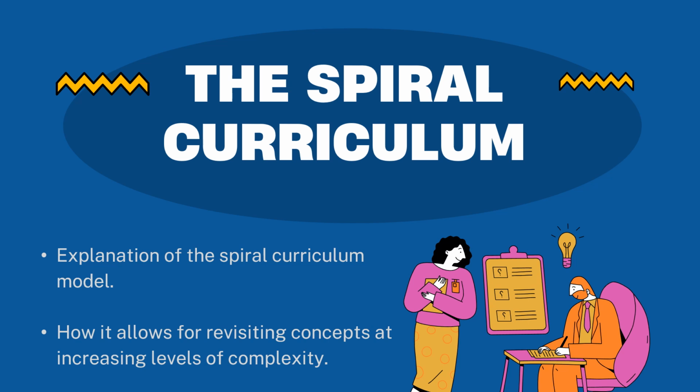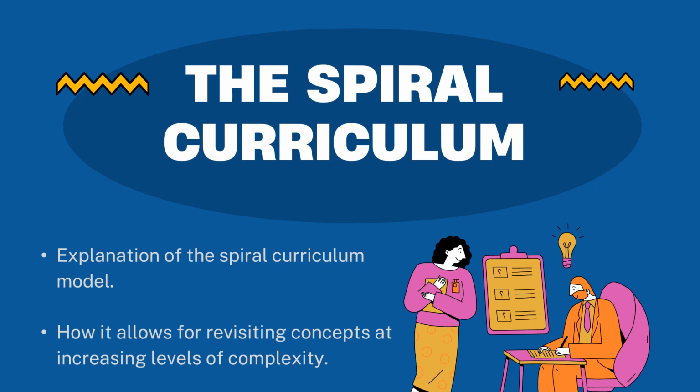The spiral curriculum is an instructional framework that organizes learning in such a way that enables students to revisit concepts repeatedly over a period of time. Take, for example, in science, students might learn the basic properties of matter in their early grades.